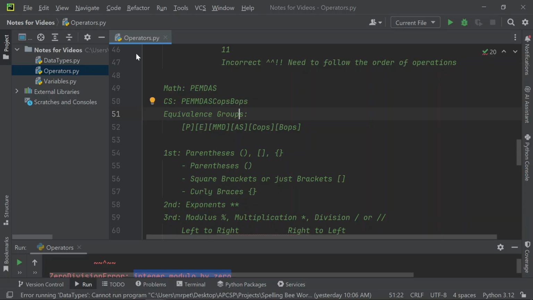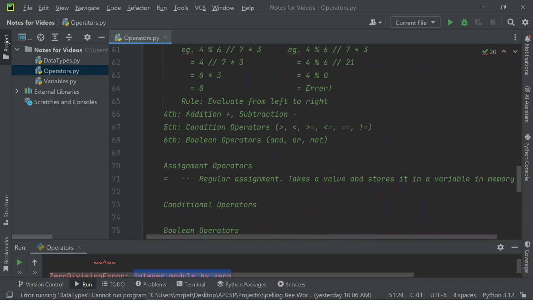So what we'll end up doing with conditional operators is when we compare the results of expressions, we do the comparison once everything's evaluated. And then for Boolean operators, we can take that result, which is going to be a Boolean value, and then compare those Boolean values, which we do dead last.